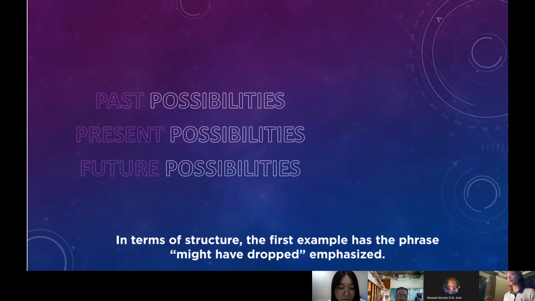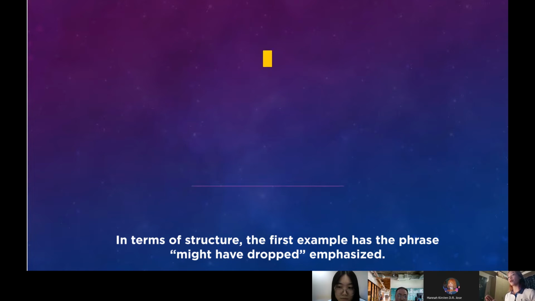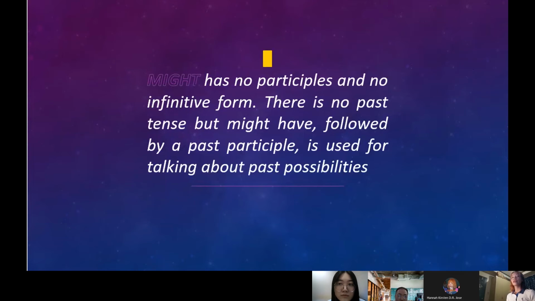In terms of structure, the first example has the phrase might have dropped emphasized. Might has no participles and no infinitive form. There is no past tense, but might have, followed by a past participle, is used for talking about possibilities.